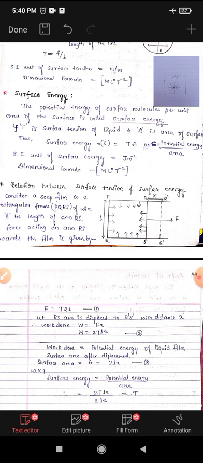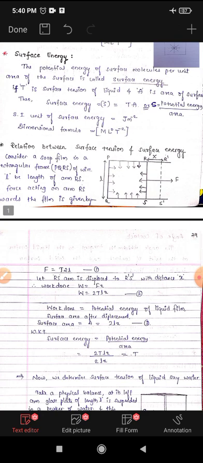Because of the surface tension of the soap film, there is a force acting on the RS towards the film. That force will be F is equal to T2L.